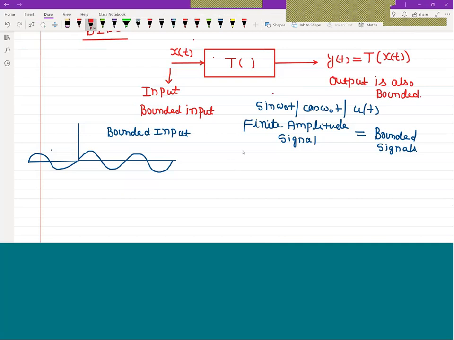It is a very simple concept: if a finite input provides a finite output, then the system is said to be a stable system.